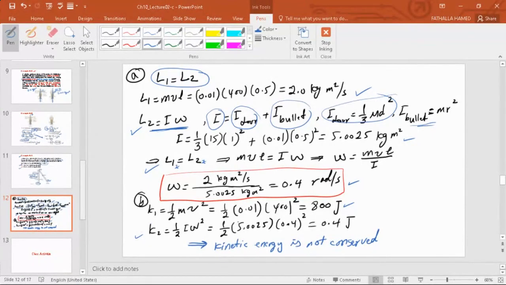We already know that I is equal to 5.0025 kilogram meter squared, and our omega is 0.4 rad per second. We square that, and we get 0.4 joules. So the kinetic energy is not conserved in this case. Is this clear? Any question on this example here?